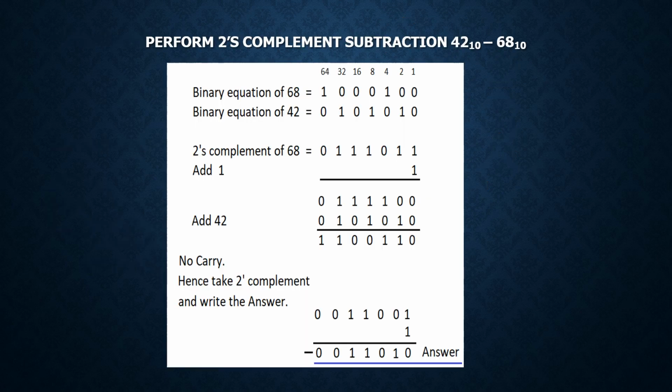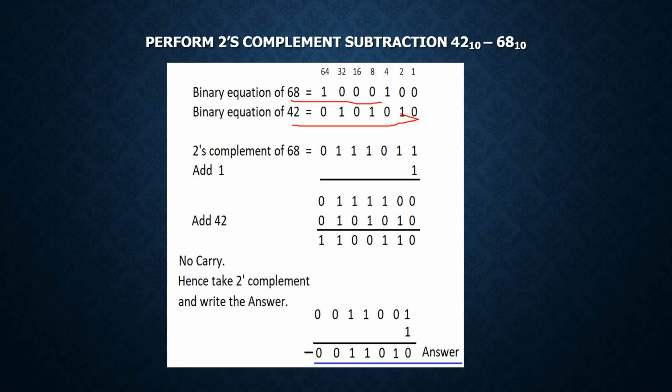Another example of 2's complement subtraction: 42 decimal minus 68. Both are decimal values. You write the binary values by the weighted method, with weights 1, 2, 4, 8, 16, 32, 64.